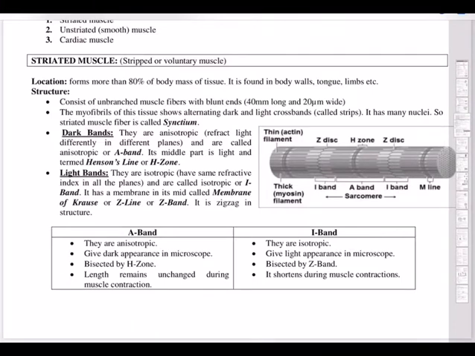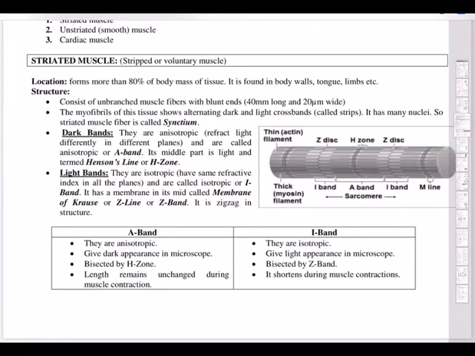So dark bands are anisotropic, refract light differently in different planes, and are called anisotropic or A band. That's what we said, A band of the sarcomere. Its middle part is light and termed Hensen's line or H zone.